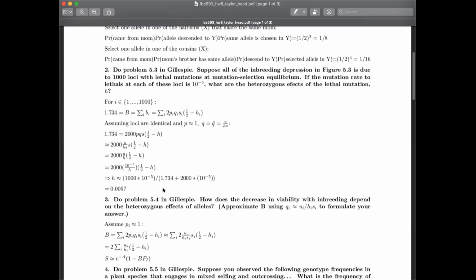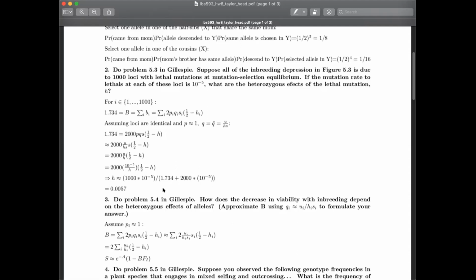And this value of H, you now know, is almost exactly the value of H Chuck Langley estimated in flies for lethal mutable loci in flies. Again, very, very small h's on the order of 1 in 200. Now, whether there are really 2,000 genes or 1,000 or 5,000 or 10,000, who knows?